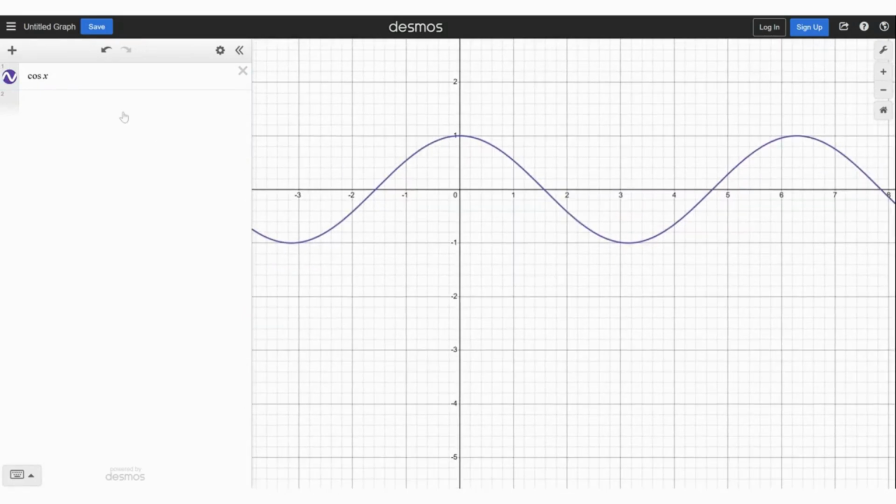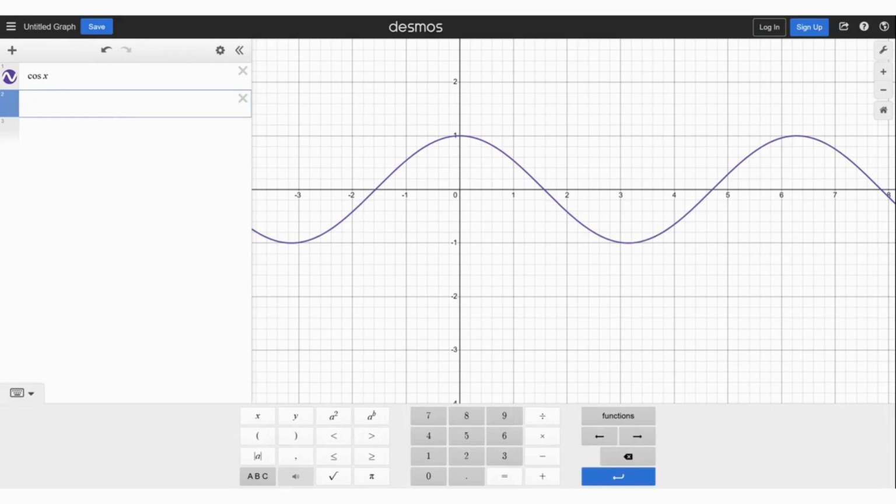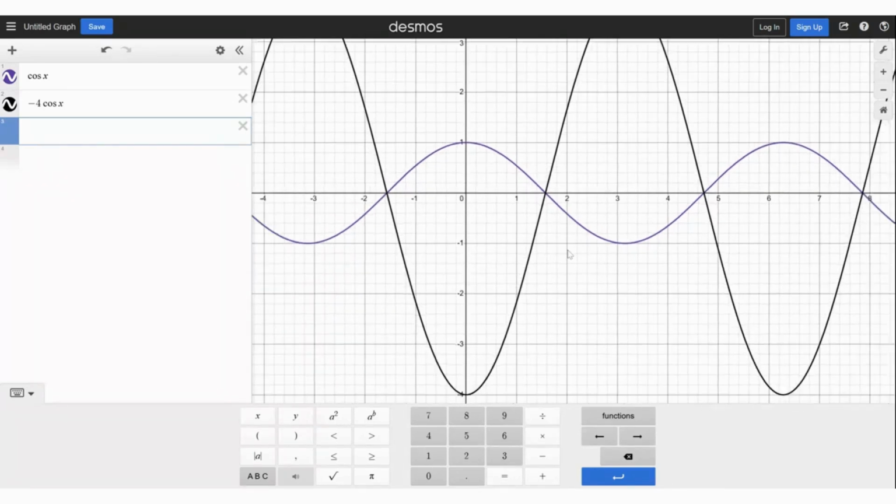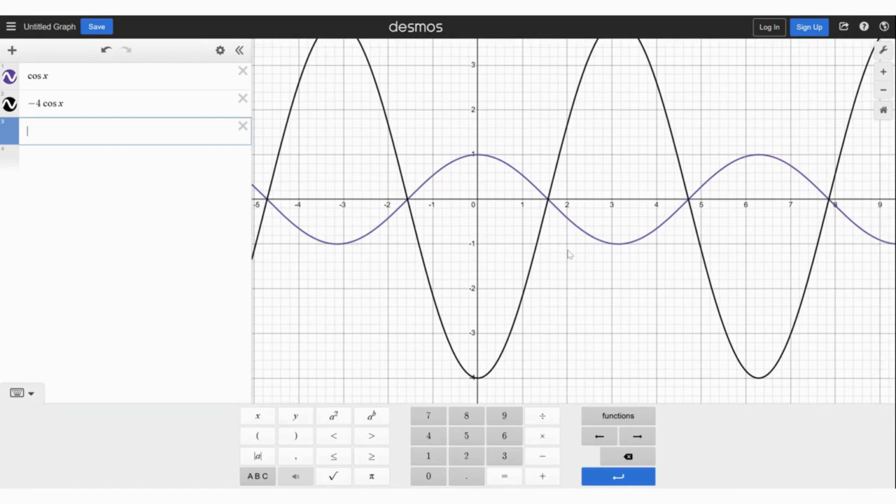But then let's compare -4 cosine x. Obviously it reflected. And even the amplitude, the height of it, is definitely more than 1.